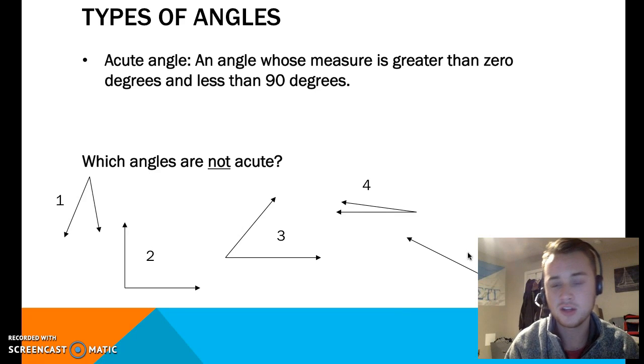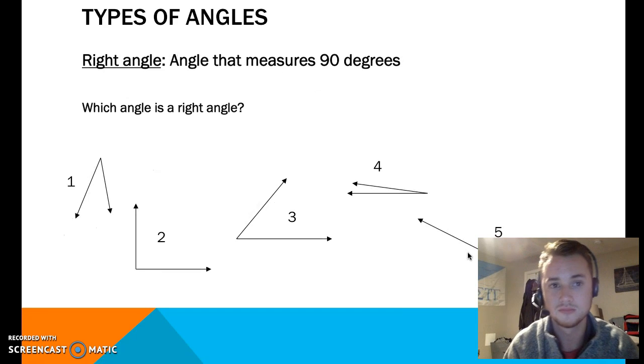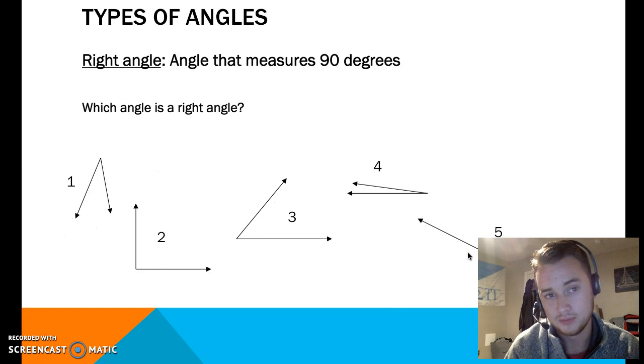You may already know what kinds of angles number 2 and 5 are, but we'll get into that later. We know 1, 3, and 4 are acute angles because they show characteristics of being greater than 0 and less than 90 degrees.